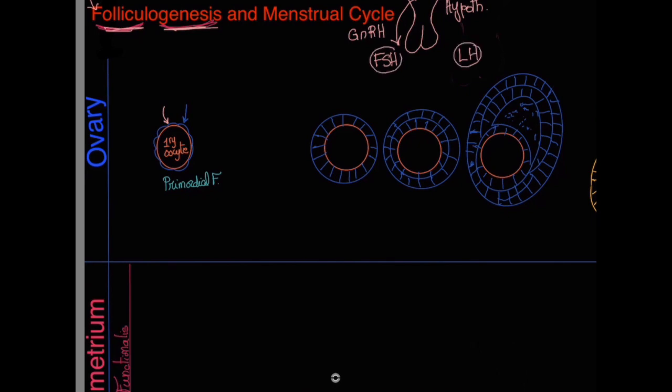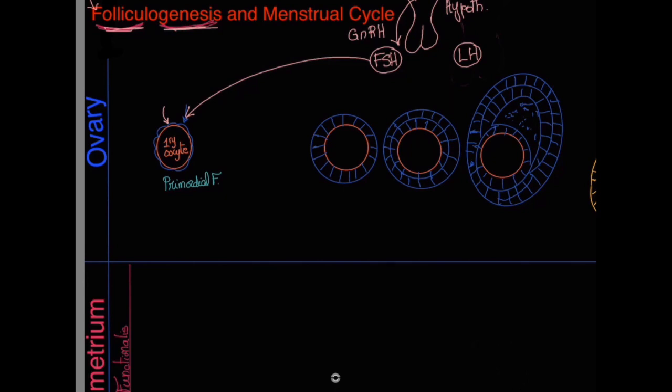Those are the gonadotropin hormones. FSH stands for follicle stimulating hormone and LH stands for luteinizing hormone. From its name, what is the function of FSH? It is stimulating the follicle.